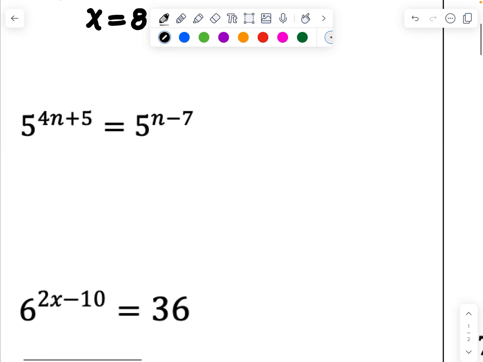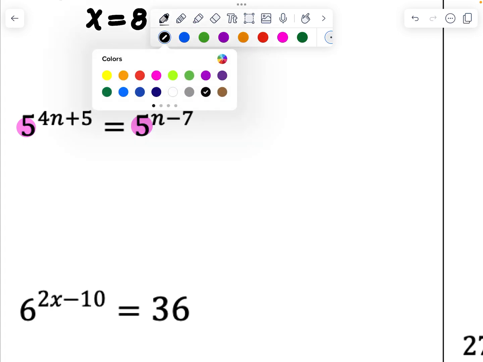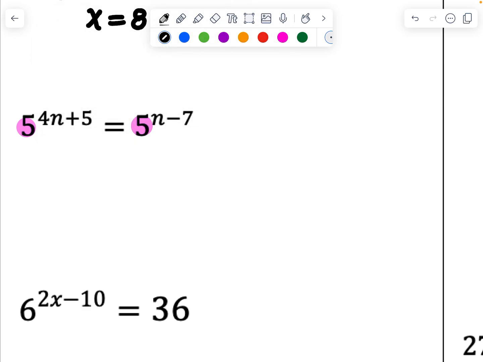So when we go to this question, the first thing we want to look at are the bases. We notice that the bases are the same. If the bases are the same, they don't even need to be there. So our algebra problem is 4n plus 5 is equal to n minus 7.